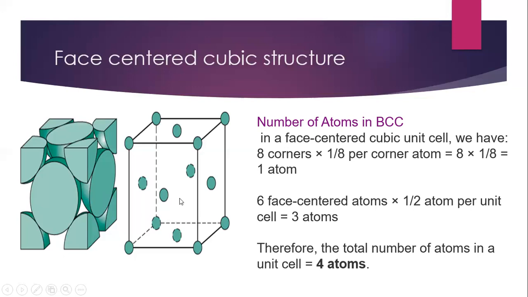If we add half, half, half for all 6 faces, how many atoms will you get? 3 atoms. So corners contribute 1 atom, faces contribute 3 atoms. So 1 plus 3 is equal to 4 atoms. So here simple cubic consists of 1, BCC consists of 2, and FCC consists of 4. Okay, please remember.